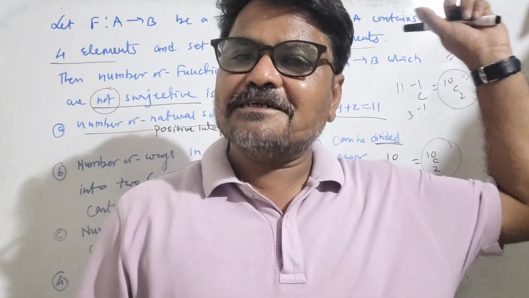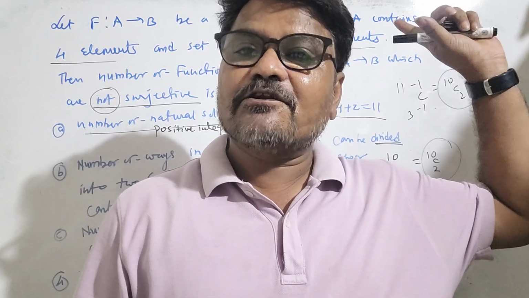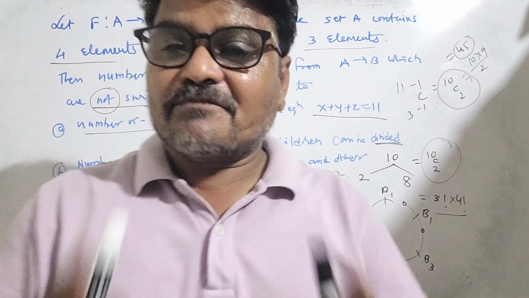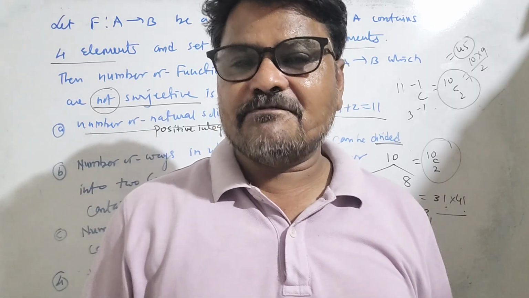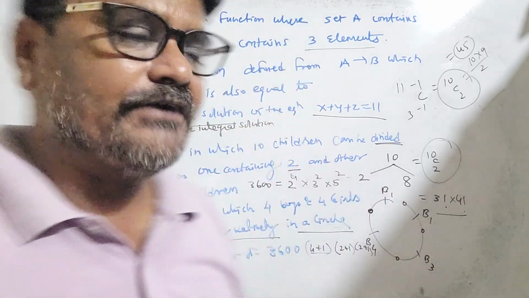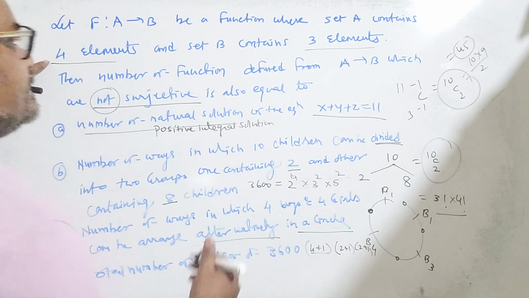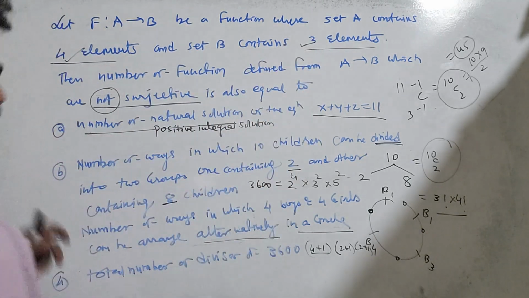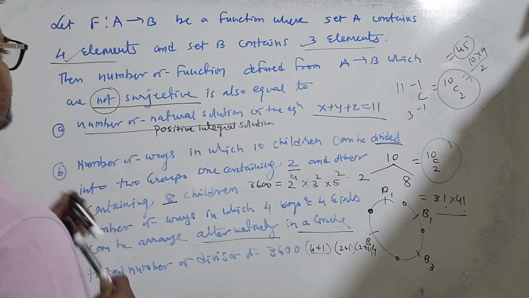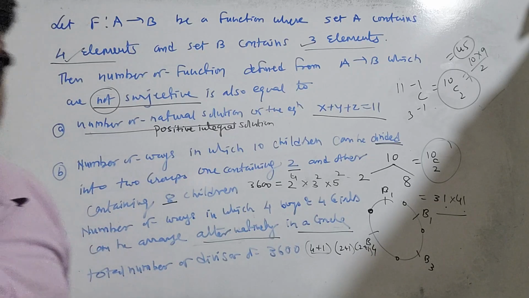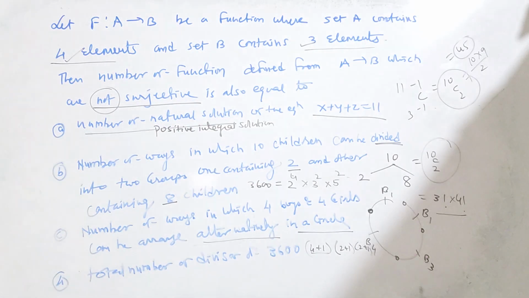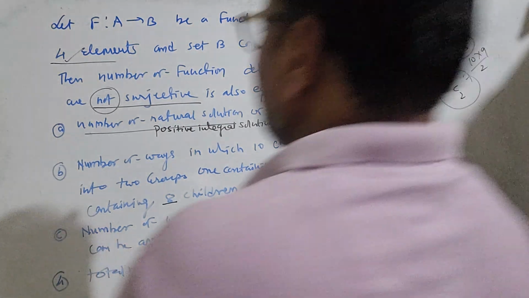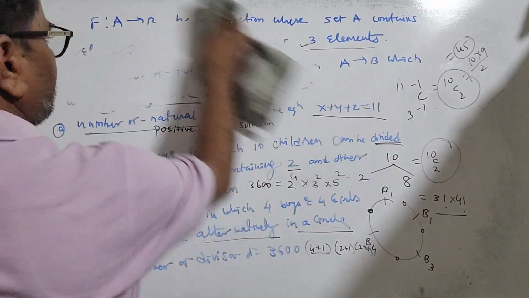That means the total number of functions which are not onto has to be 45. But how can we find out? First we will find out the total number of functions. This is set A, this is set B. The total number of functions is, it's quite simple now. I can now delete this, no problem.